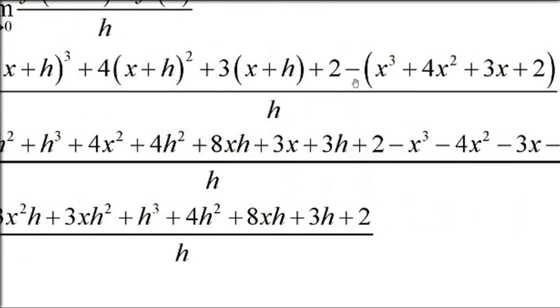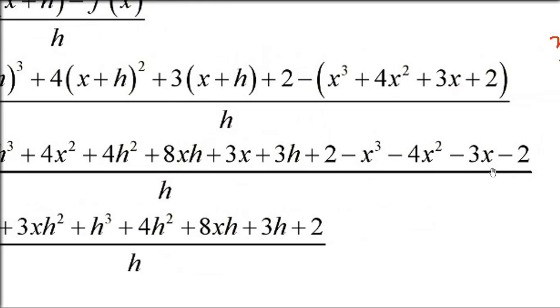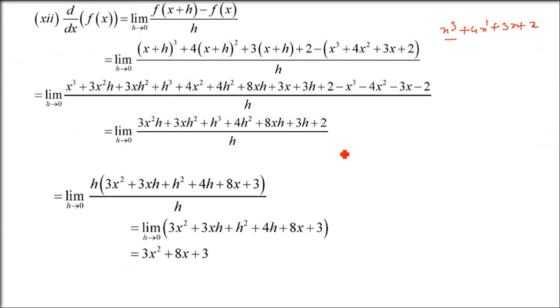Just open this. And the solution is in front of you. I'm just not doing it one by one, because this is quite a type of question we have already done. Just cancel these which are being cancelled. x cube gets cancelled, 3x square h remain, 3x h square remain. Then we have 4h square also remain, 8xh also remain, 3h remain, and 2 will not remain.